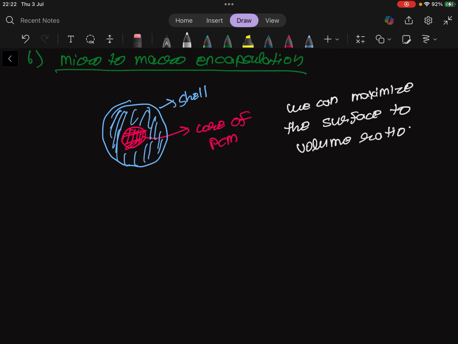Now let's move to the third type of confinement, that is form stability.